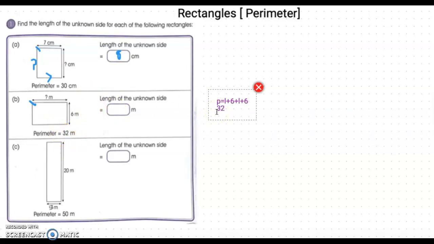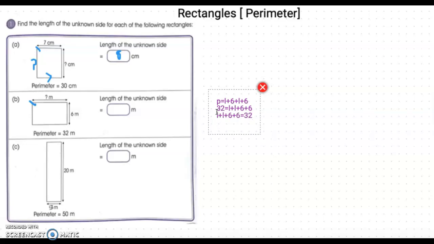So 32 equal, I'll bring L and L together, and 6 and 6 together. Now I will change the side, just bring the 32 to my right side. So it will be L plus L plus 6 plus 6 is equal to 32. Just changed the sides, okay?